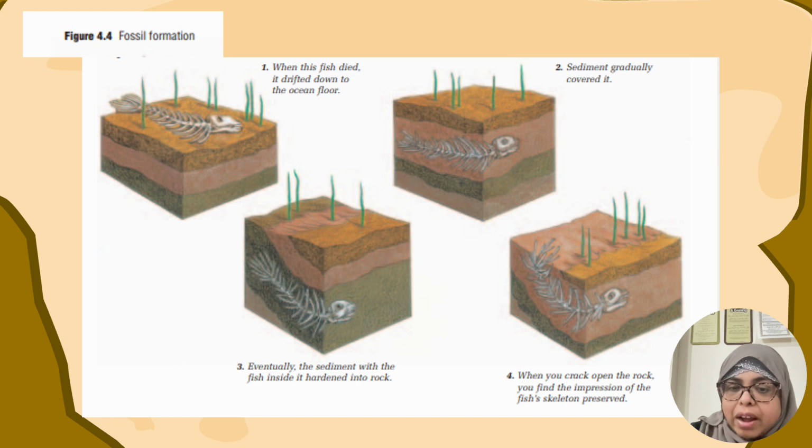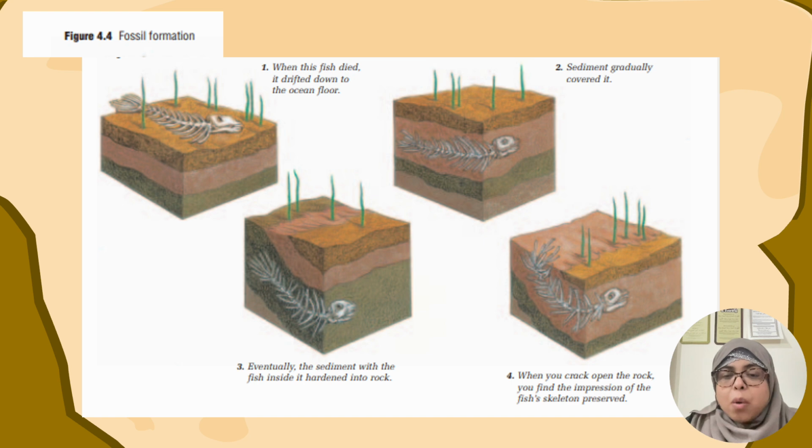Now when you crack open the rock, you find the impression of the fish's skeleton is preserved, right? And then as a paleontologist, you would be able to look at it. Maybe not right away, but paleontologists study this and they would know where and how to carve and dig out that fossilized fish impression or the fossilized bones of the fish. Okay?